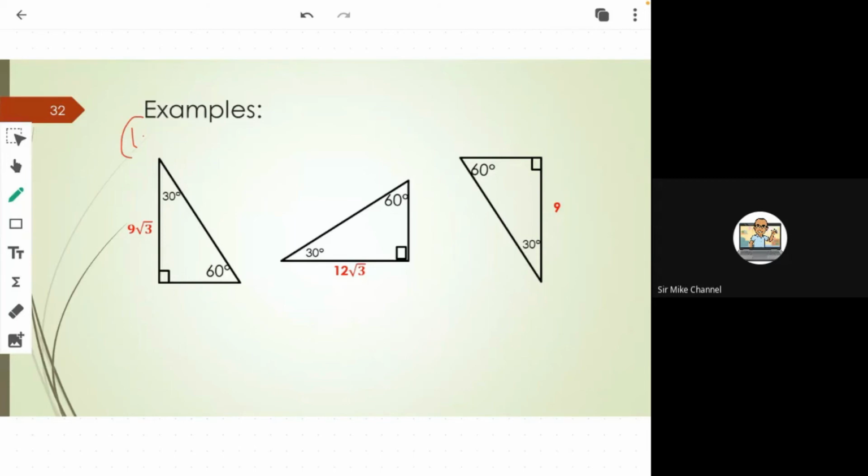Sir, yung sa shorter leg po, 9. Then yung sa longer leg po, 81 square root of 3 po.